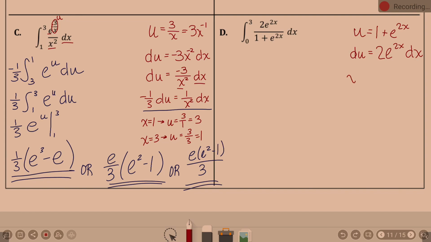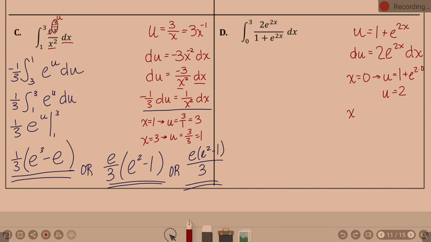If x is 0, u is what? What's e to the 0? What's anything to the 0? 1. Oh, we talked about that yesterday, didn't we? So e to the 0 is going to be 1, and 1 plus 1 is 2.